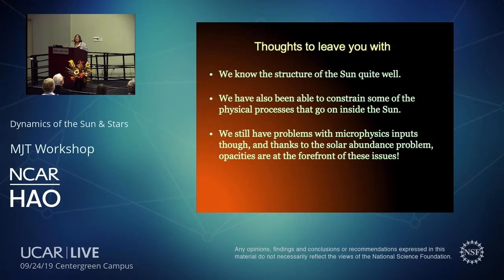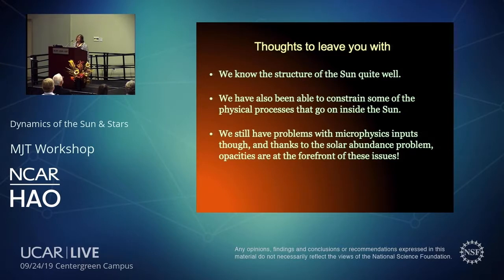Did we ever have mixing in the solar core when the sun was very young? That's a second level problem, but we still have problems with microphysics inputs, and those affect the solar abundance problem. How correct are our opacities? How correct are our equations of state? Opacities are the biggest problem right now, but even the equations of state are not the best. There are still issues.